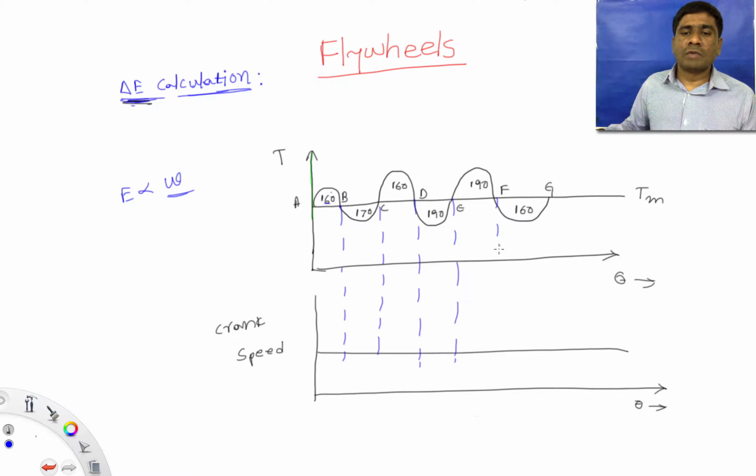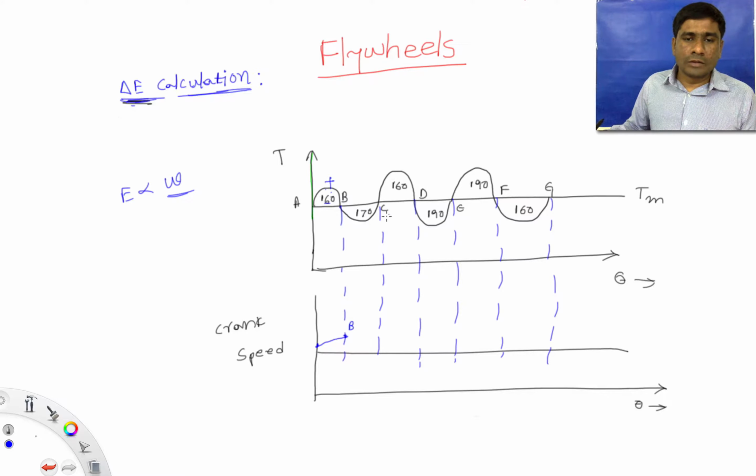If you consider the velocity of the flywheel at point A is non-zero, then it is like this. And this is the surplus area, so the flywheel gains speed. This is point B, and the velocity at B is obviously more than the velocity at A.